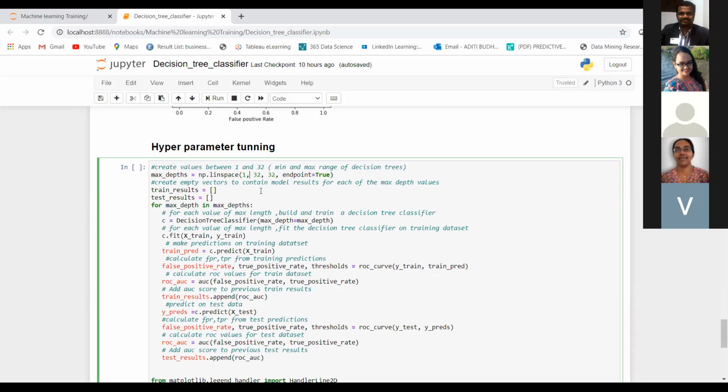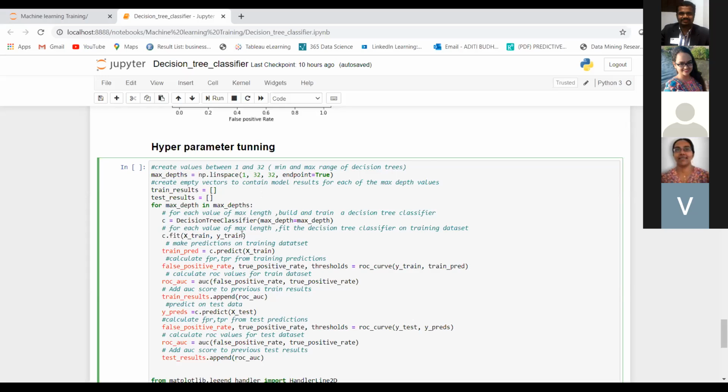How will we decide that? For whichever maximum depth value we get the maximum accuracy, we will select that value as our maximum depth.